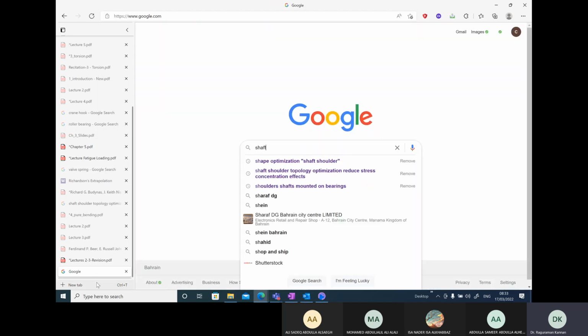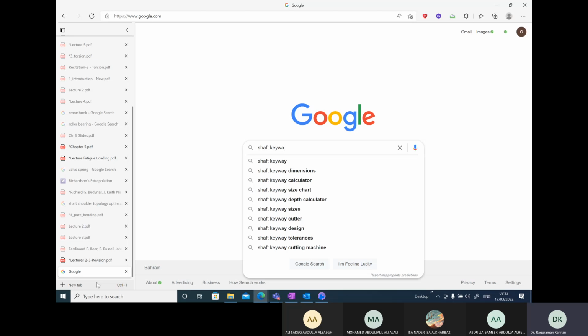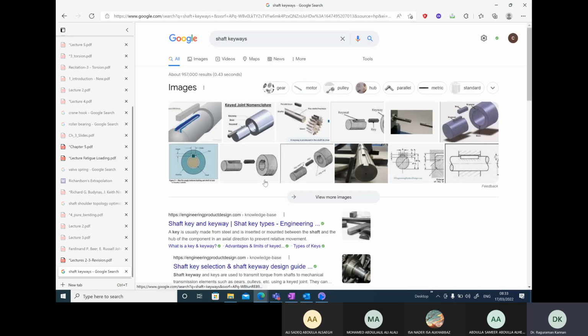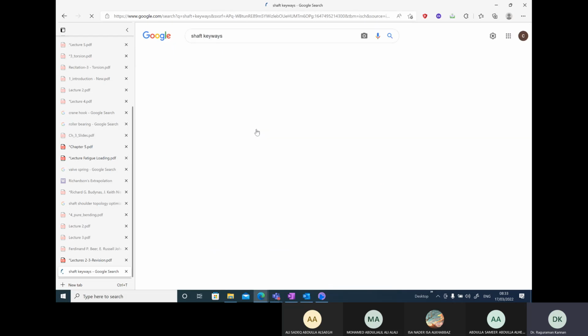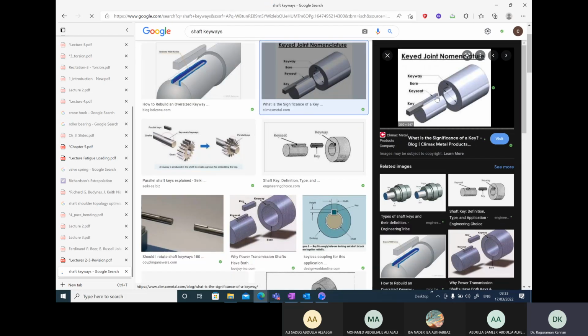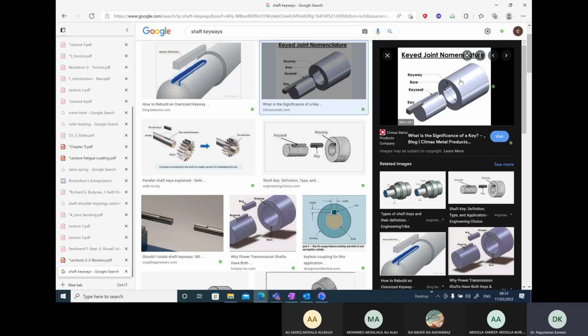So you can see in this picture clearly, this is the shaft and this is the keyway. And we connect the shaft to a hub through these keyways and keys by inserting the key in this gap here and then connecting the hub to the shaft so that it can transmit the torque.